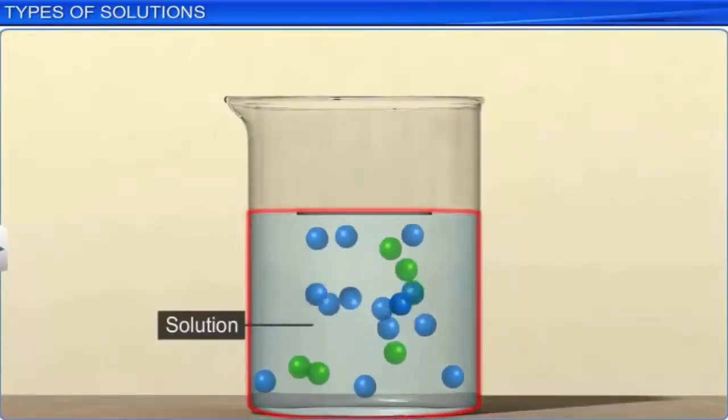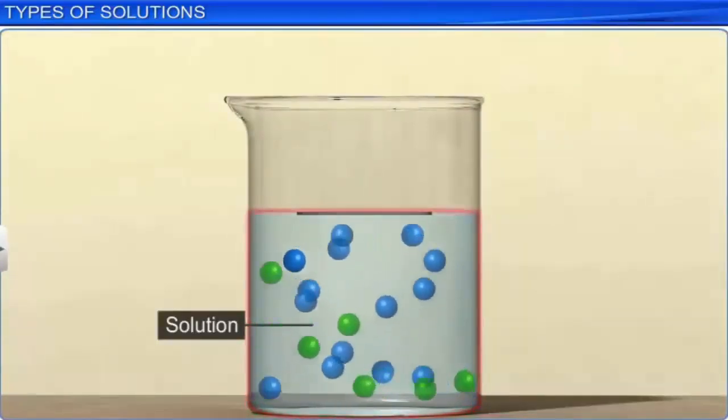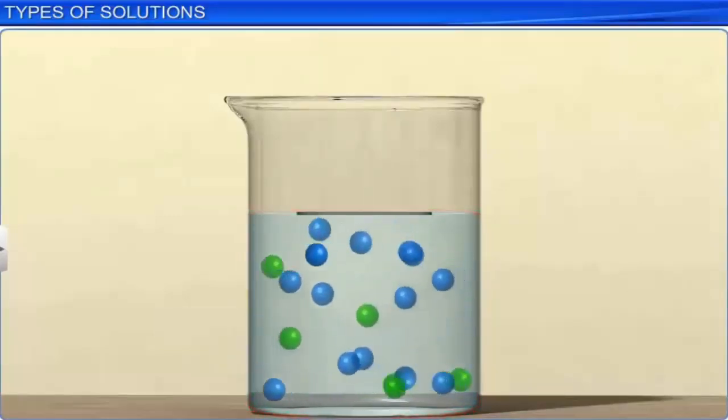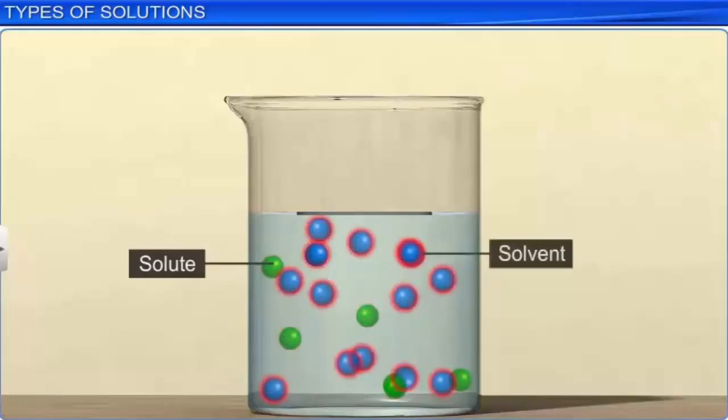In a solution, the component that is present in a smaller quantity is known as the solute or the dissolved substance. The component that is present in a larger quantity is known as the solvent or the dissolving substance. The solution has the same physical state as the solvent.